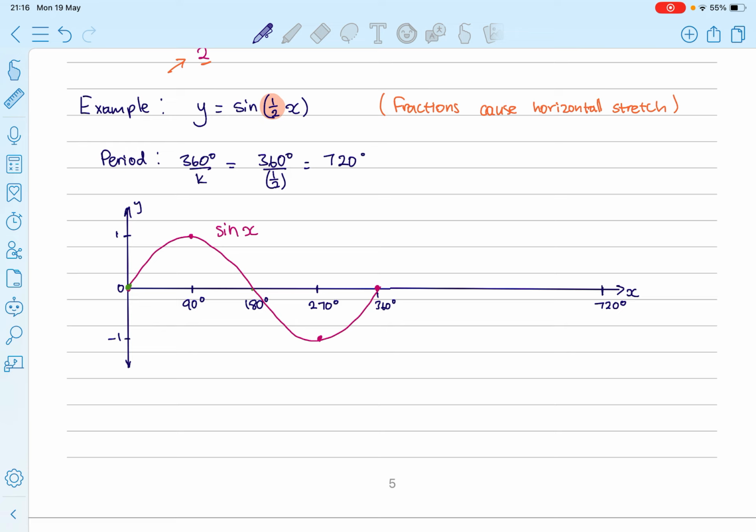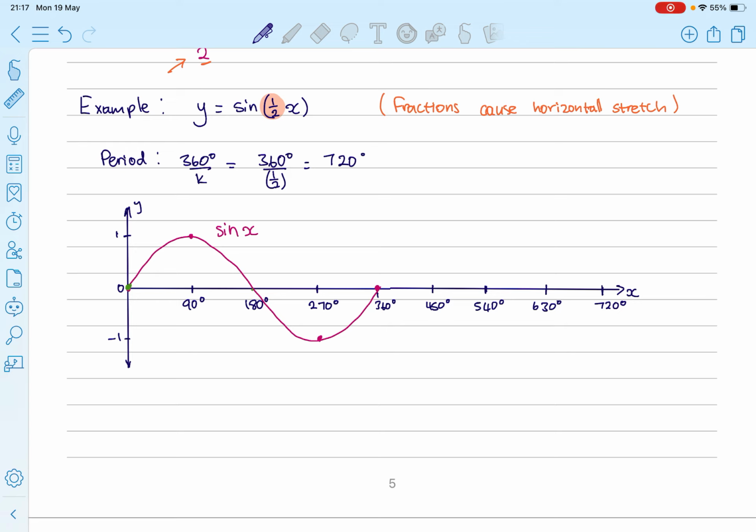All right, so first let me make my markings, and then I just need to add the values. So 360 plus 90 is 450. And then we add another 90, that's 540. And then we add another 90, that's 630. And then 720.